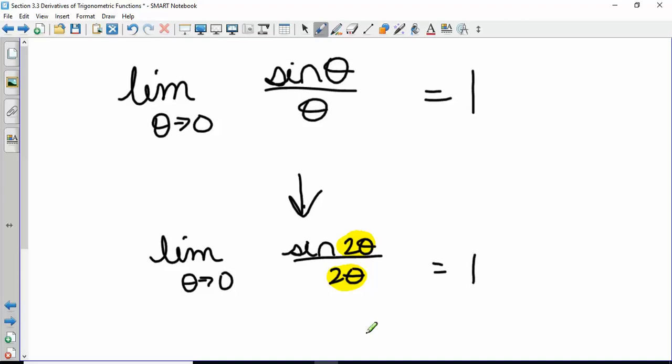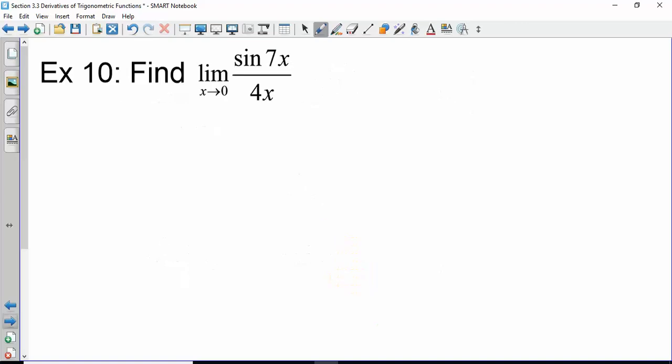And 2 times 0 is 0. So if you have the form sine 0 over 0, and the argument and the denominator match, then we can still say it goes to 1. So we are going to use this today to simplify some limits. We will need these in the future, so we're working on just the limit piece today.